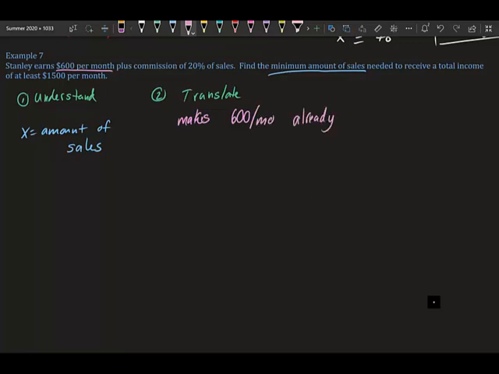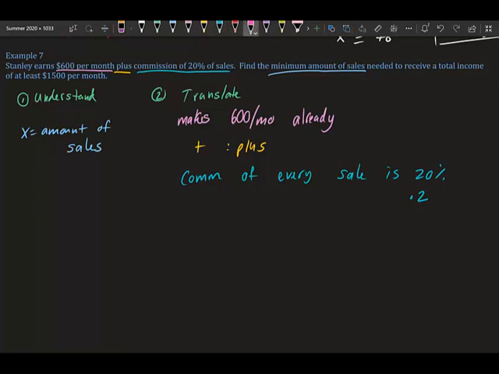So he can make 0 sales, he'll make $600. So he makes $600 plus commission of 20%. So commission of 20%, that's the commission of every sale, or 0.2.